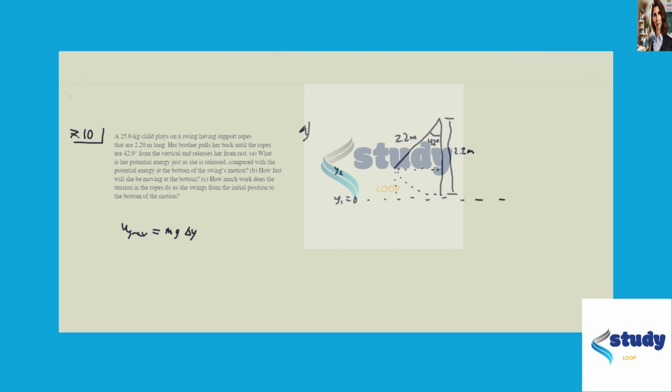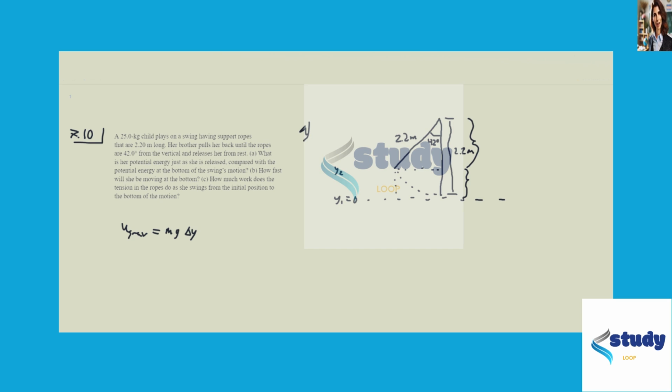We have 2.2 meters being this full height, but we need to find what this height is. So I'm going to use this length and this angle to figure out what this length is. And I'm going to take 2.2 minus that length, and that should give us this length here, right?